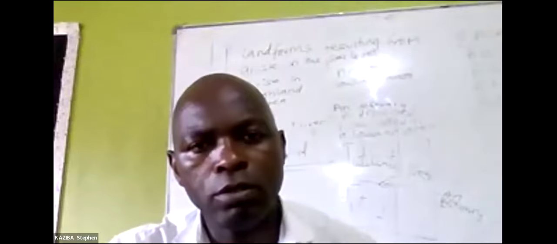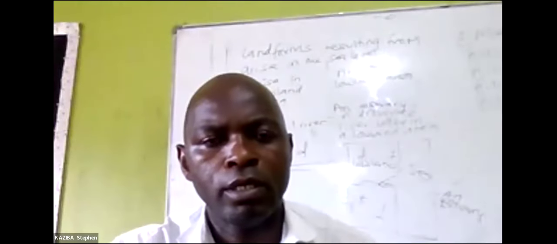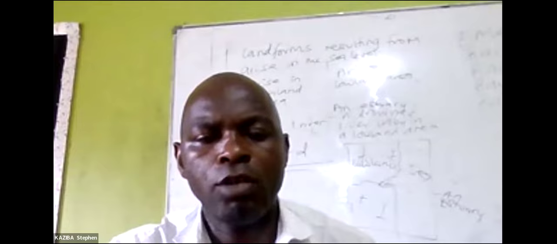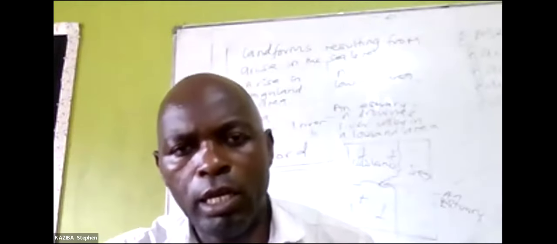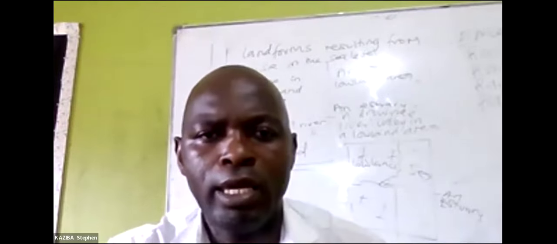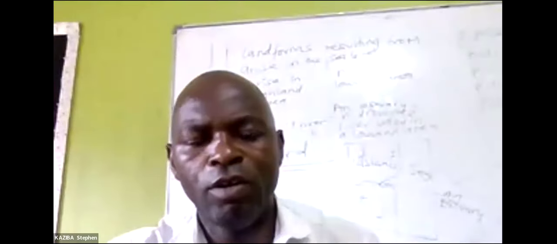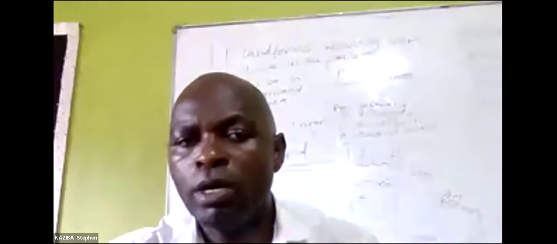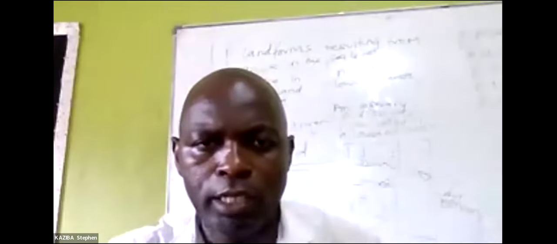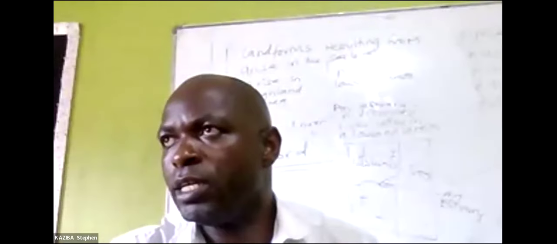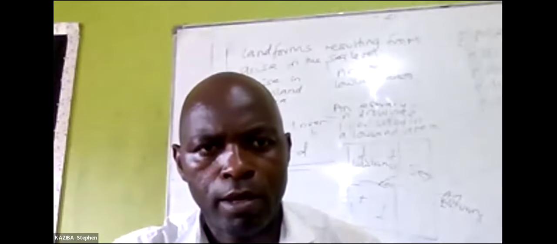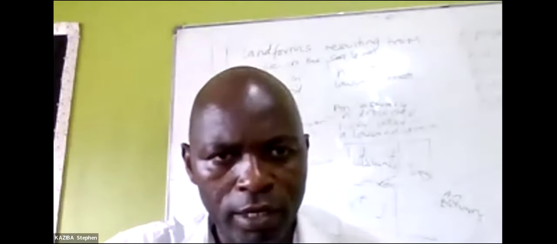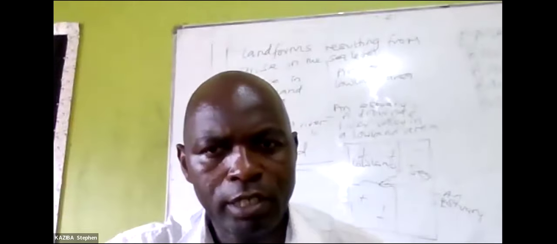Then we have B2, which is a dark layer due to accumulation of leached and eluviated material. Are we there? Then we have B3, which is a transition zone.